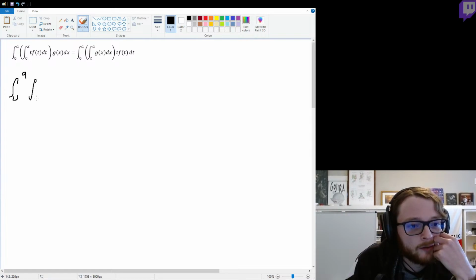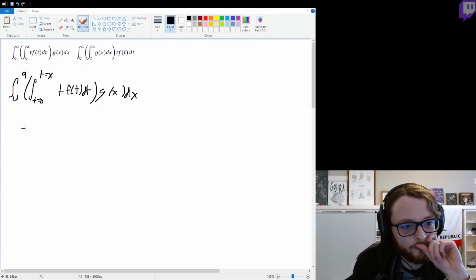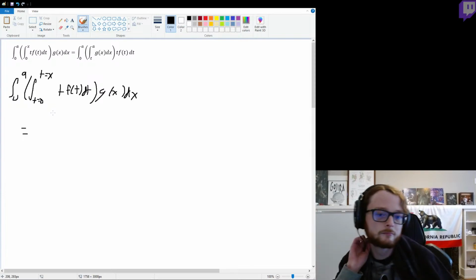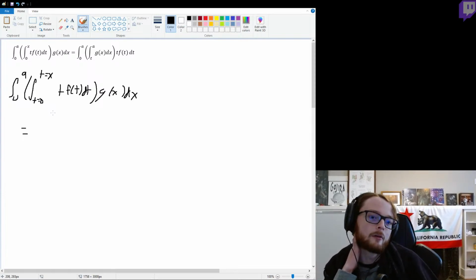Let's just think about it like from t equals 0 to t equals x, t f of t dt. And so now if you want to switch these, t is going from 0 up to x, and x is going from 0 to a.